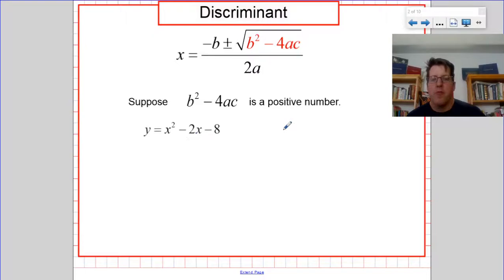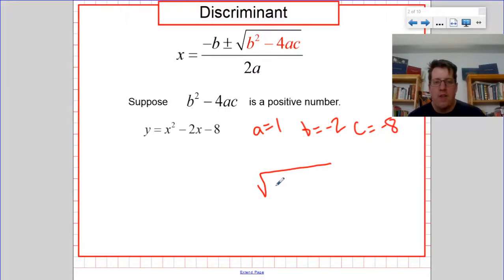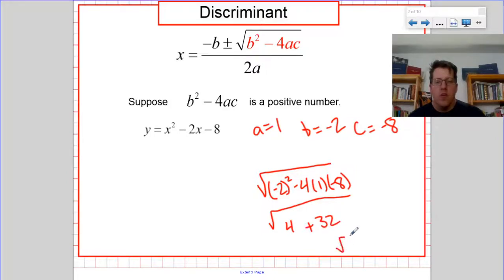I'm going to take this problem for example. A equals 1, b equals -2, c equals -8. The b squared minus 4ac for this is going to be -2 squared minus 4 times a times c. All right, so that works out to 4 plus 32, which is 36. If the discriminant works out to a positive number, we are going to have 2 real solutions.